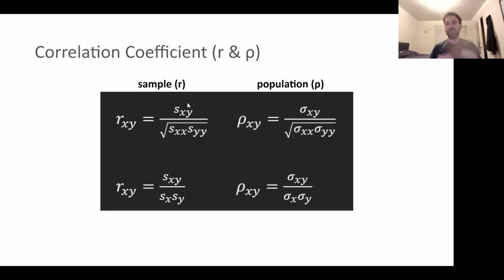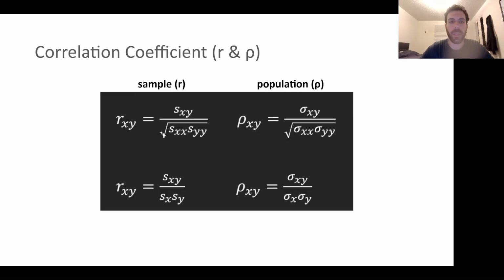If we had left it like that, we would have some measure of the relationship between x and y, but it would be very hard to interpret across different variables. So the denominator of this formula is really just about standardization. It's about removing the units of x and the units of y from the correlation coefficient. And how do you do that?